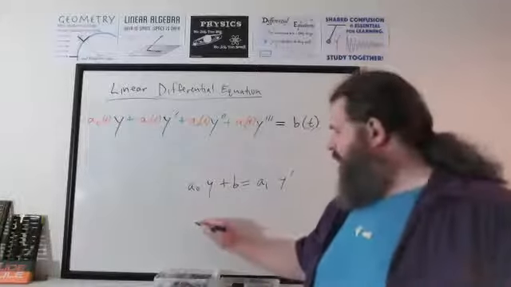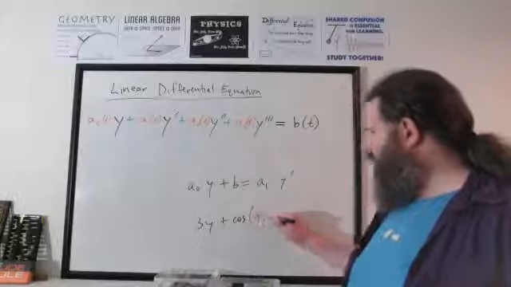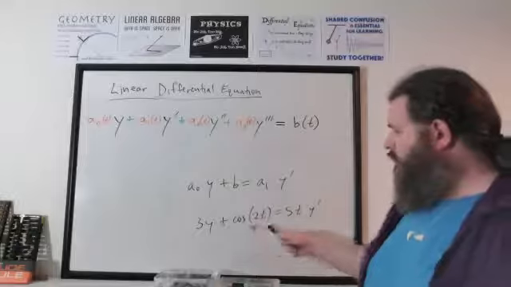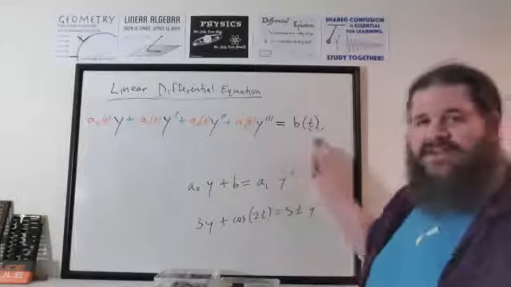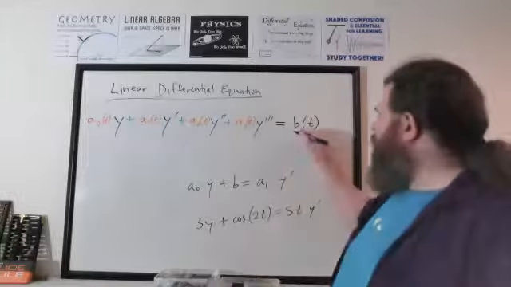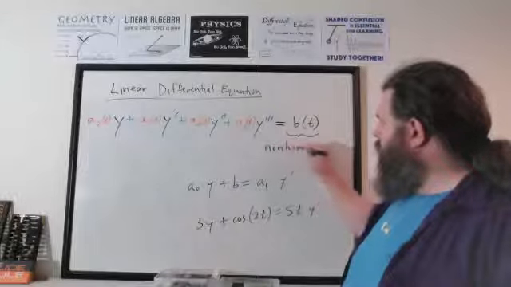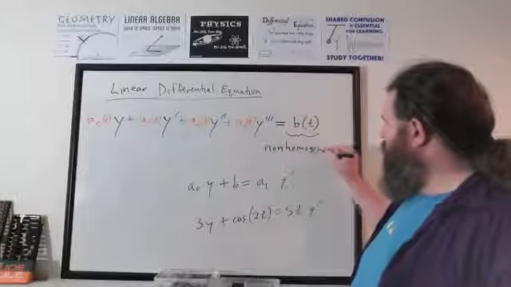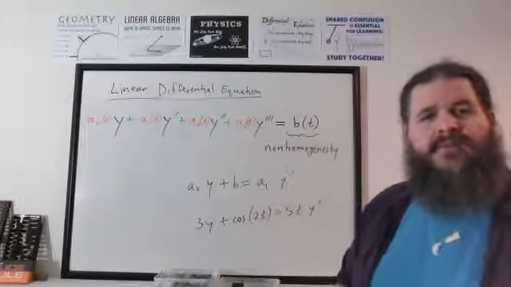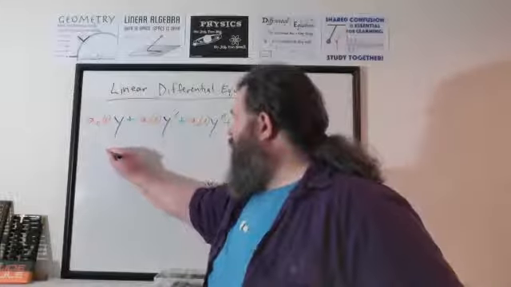So for instance, if we had something like 3y plus cosine of 2t equals 5t y prime, this cosine of 2t is still the b of t part because it's the part that doesn't have y in it. And that part is usually called the non-homogeneity. And its existence, the fact that it has this term without a y in it, makes this differential equation non-homogeneous.